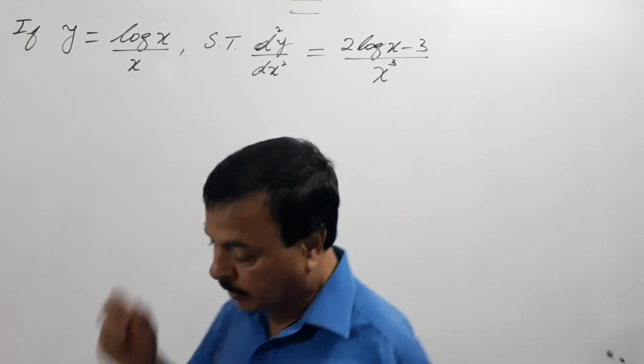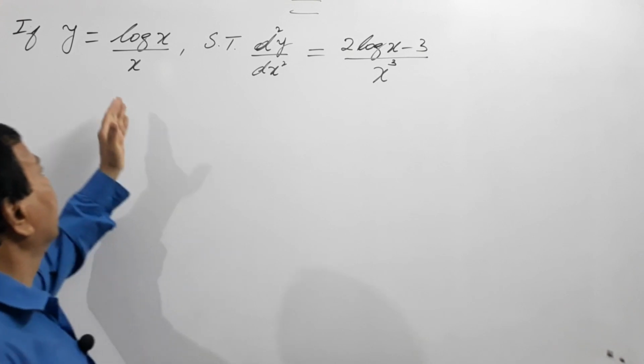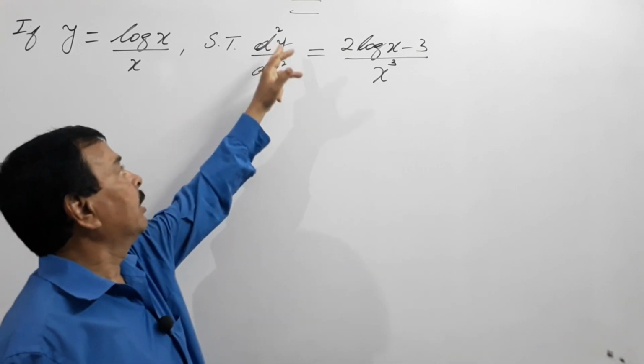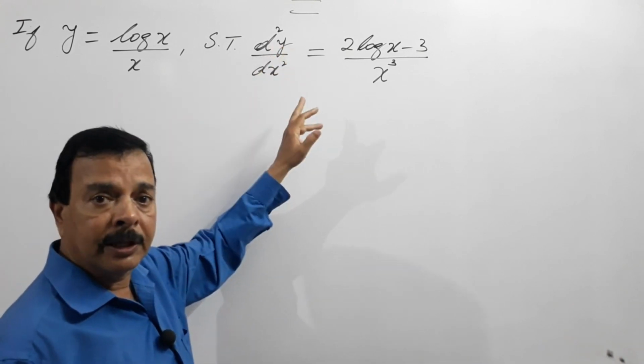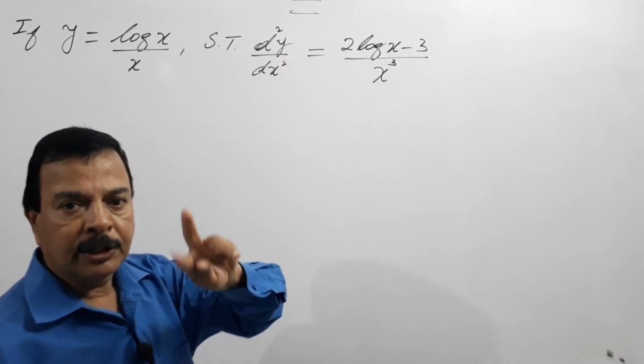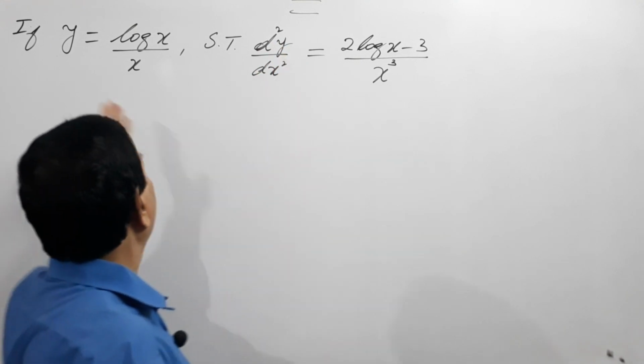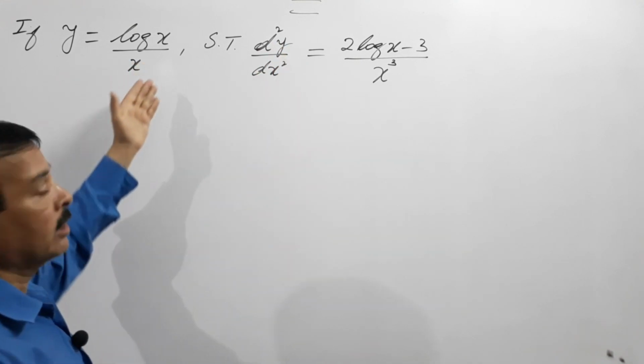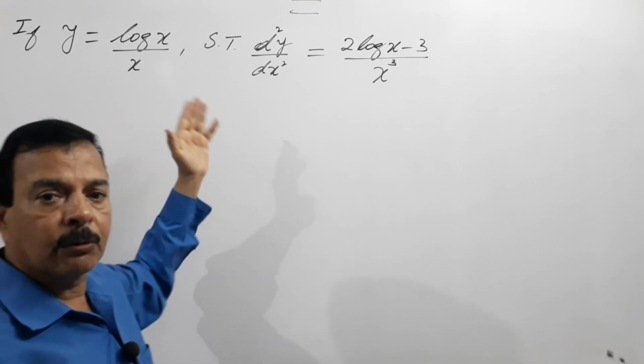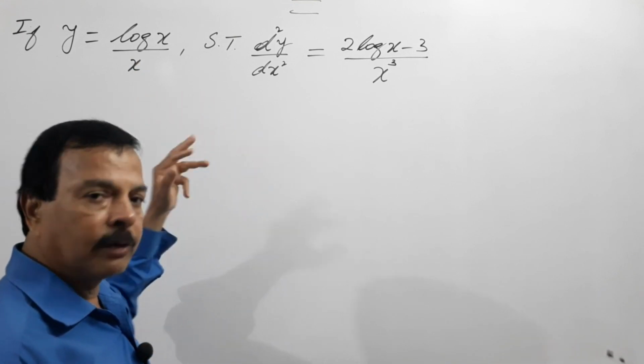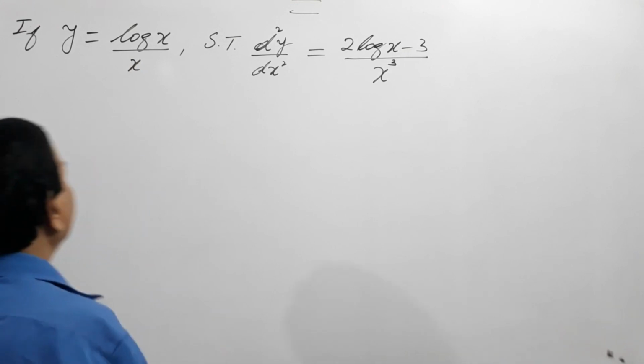Dear students, the moment you see d square y by dx square, it means it has to be differentiated twice. We have been given a function y equals log x by x, wherein you have to use the quotient rule to solve this problem. So, let us differentiate once.